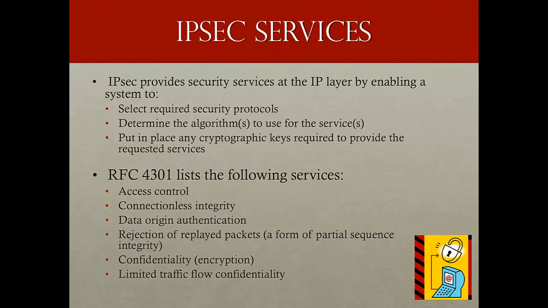RFC 4301 lists the following services: access control, connectionless integrity, data origin authenticity, rejection of replayed packets, a form of partial sequence integrity, confidentiality encryption, and limited traffic flow confidentiality.